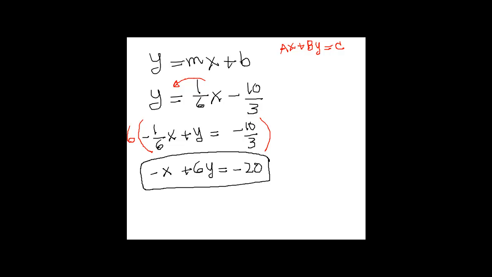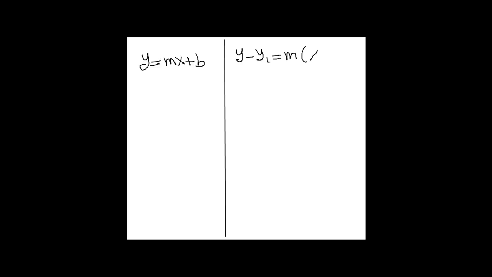Okay, good. All right, now I could solve this problem using the point-slope formula. So let's take a look at that also. Remember we said y is equal to mx plus b is the general equation of the line using slope-intercept form. There's another equation. It says y minus y1 is equal to m times x minus x1.